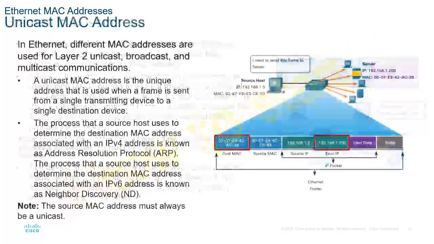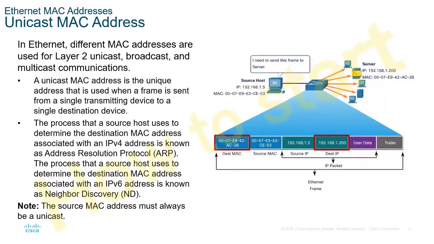So let's look at this a little bit more in depth. A unicast address is going to be one-to-one, one device to another device. Normally, a source will always send it to a single address, and that single address can be different types of addresses. If I do not know where I'm trying to send something, I can do what's called an ARP request, an Address Resolution Protocol request. That is where I know the IP address of what I'm trying to access, but I don't know its physical layer.